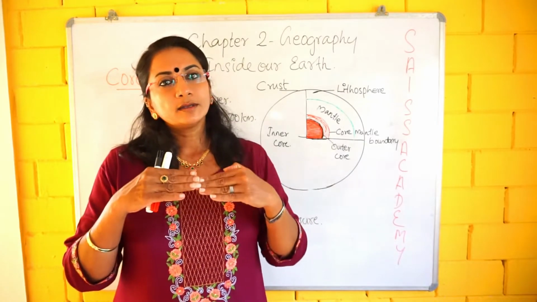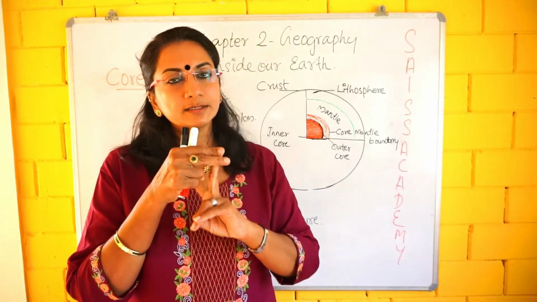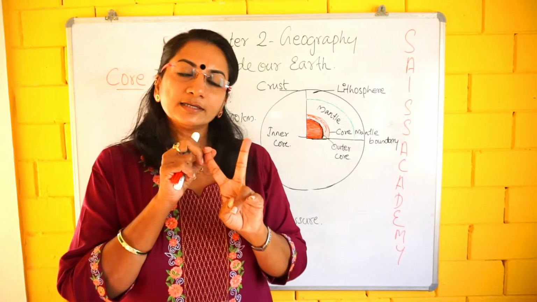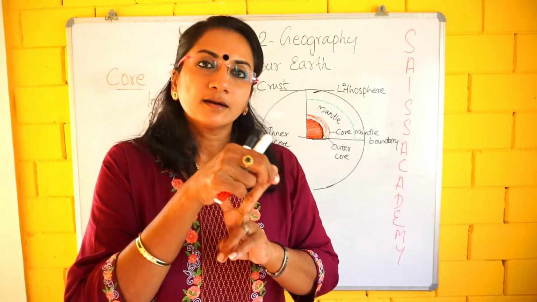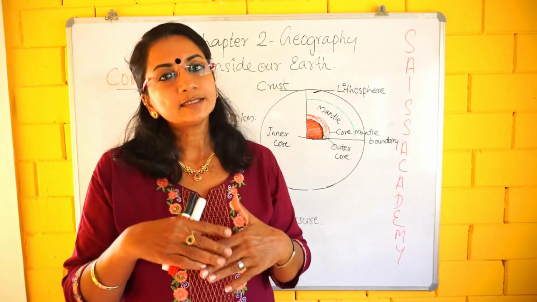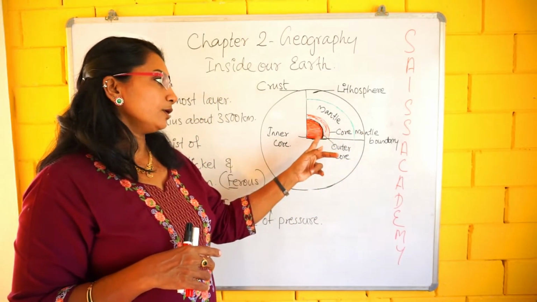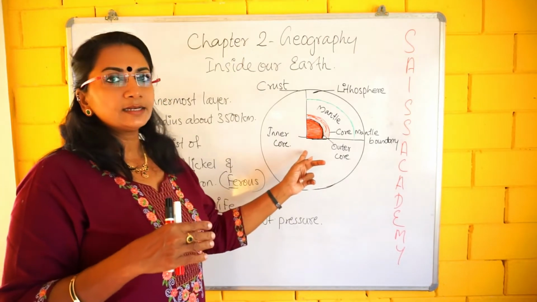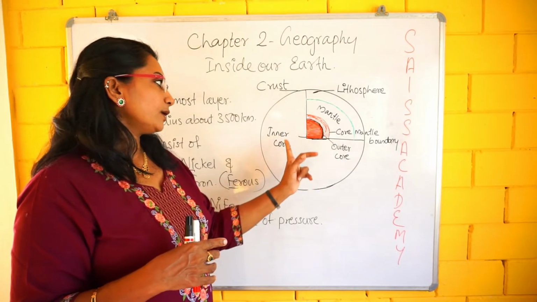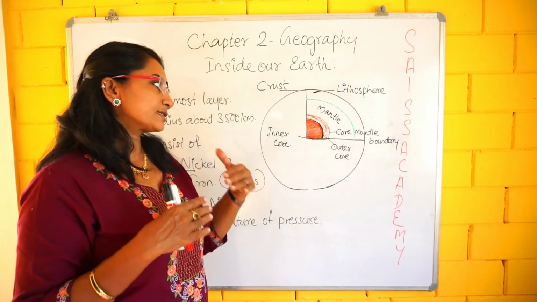And this crust is divided into the continental masses and the oceanic crust; the continental mass we call Sial, and the oceanic crust we call Sima. And the other is the mantle. The mantle is in between the crust and the core, and the last layer of the earth is the core. The core has two parts, the outer core and the inner core. The outer core is liquid and the inner core is extremely solid.